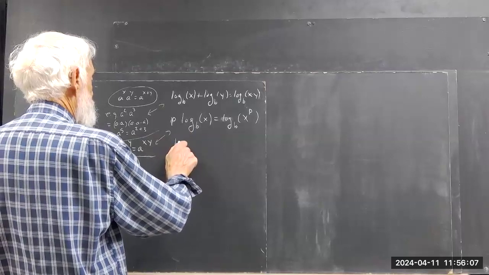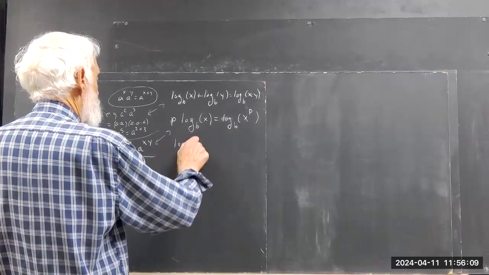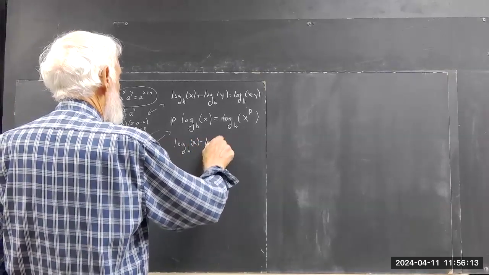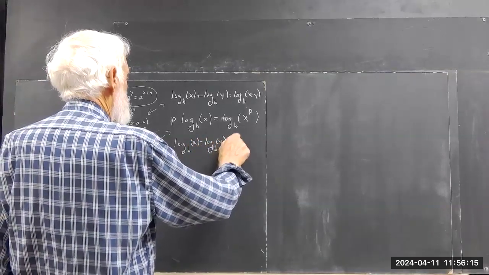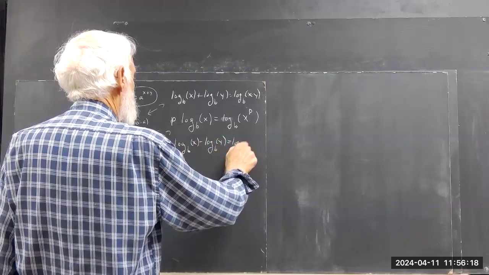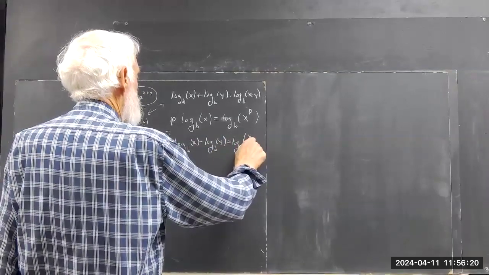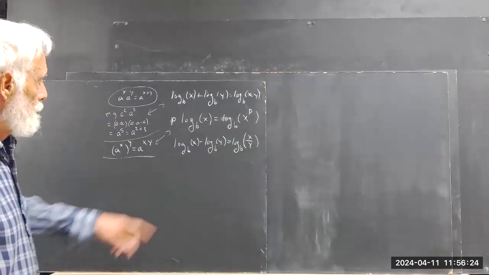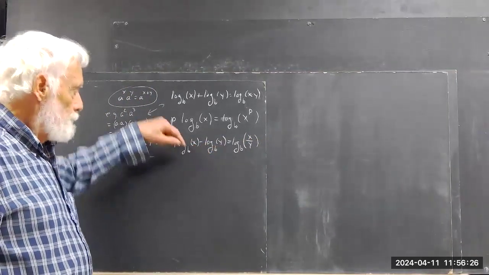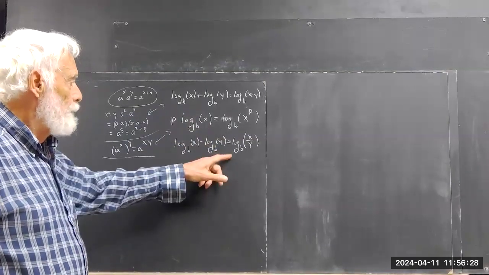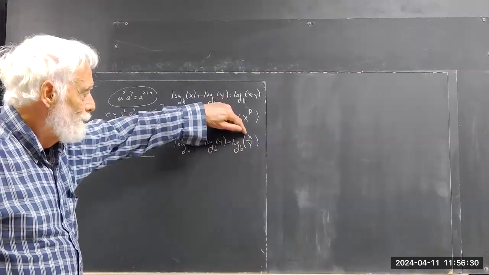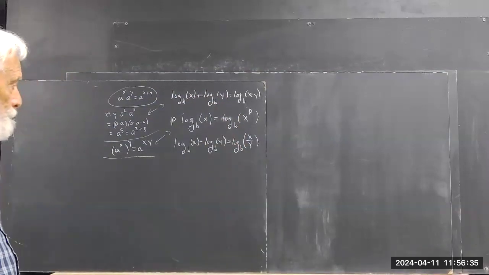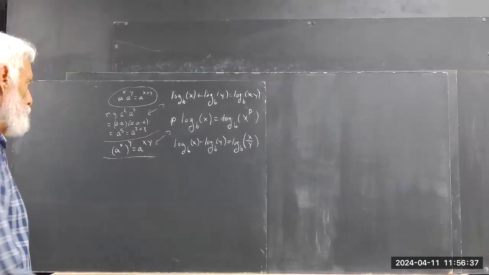That is that if you subtract two logs to base b, it's going to be the log of this one divided by this. Okay, so rules are not difficult.